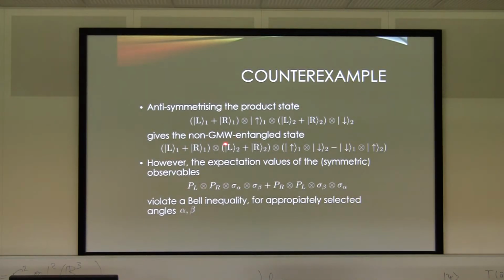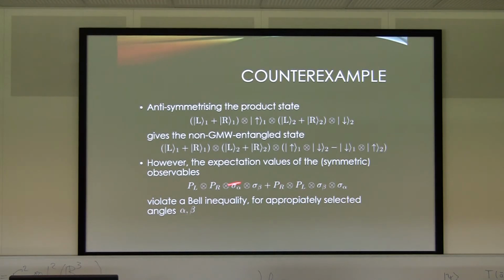Not GMW entangled. However, look at the expectation values of these symmetric observables. This is just the simple product of spin in direction A and B, symmetrized, combined with projectors on the left and on the right, which you could interpret as finding one particle on the left and finding one particle on the right.